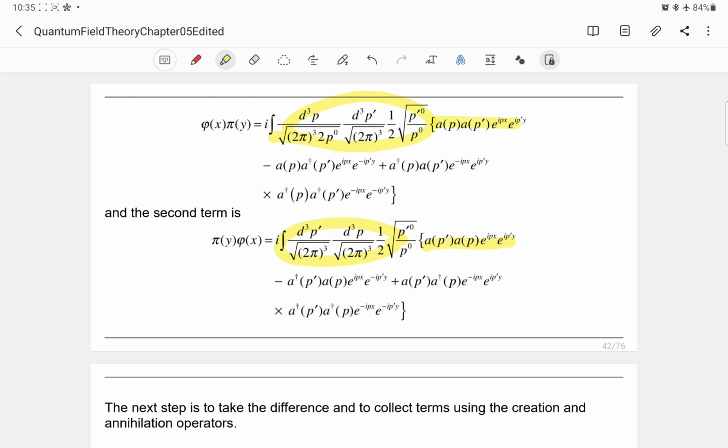And of course the solution will be similar for these terms also.